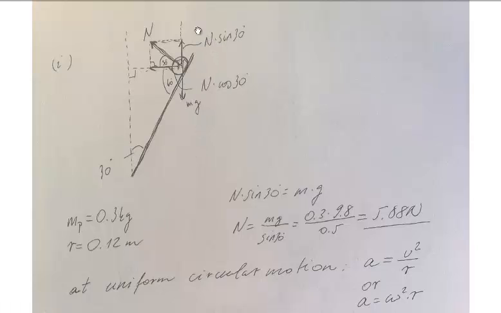These two forces are the same. N times sine 30 degrees is equal to m times g. So N is equal to 5.88 newtons.